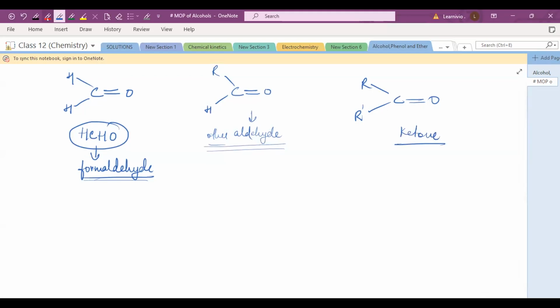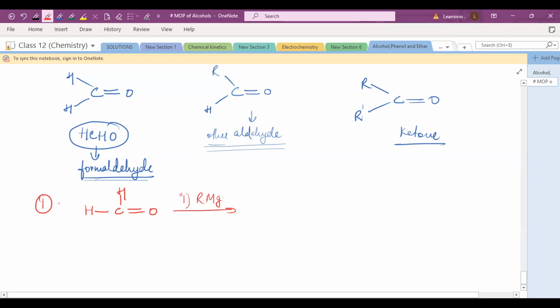Let's see one by one what the reaction of these three with the Grignard reagent will be. First one, you have to remember this trick also. Suppose in the question they just give you formaldehyde. When you treat formaldehyde, HCHO, with RMgX, the Grignard reagent, and in the second step you do hydration, what will be the product?